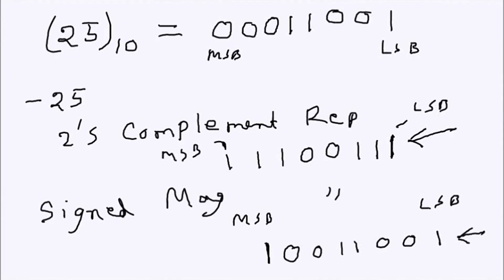We have to remember that the positive numbers are the same in both kinds of representation, so whenever we express a negative number, we first have to see which kind of representation it is. If it is 2's complement, we find the negative number in one way, and if it is sign magnitude, we find it in another way. This is very important to remember, that they are very different.